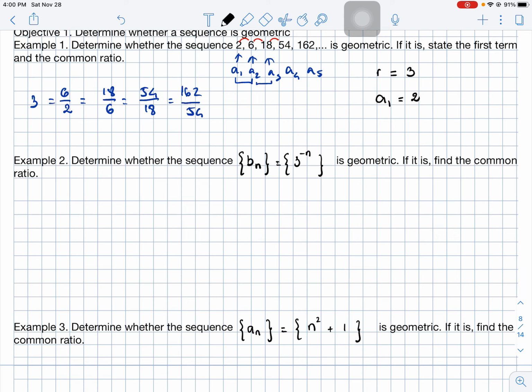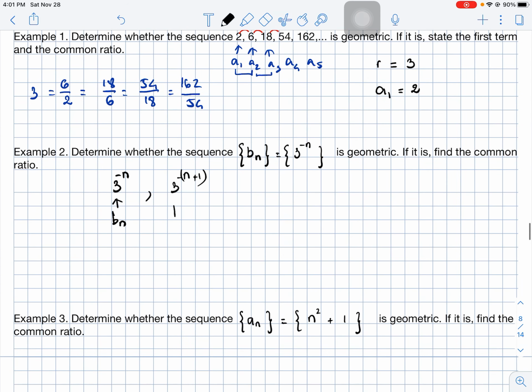So let's say the 3 to the negative n is the location a n. In this case, it's b n. Then the next location has to be 3 to the negative n plus 1, that is b of n plus 1. Then you just go ahead and divide.